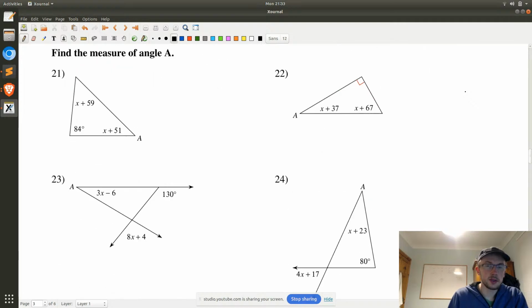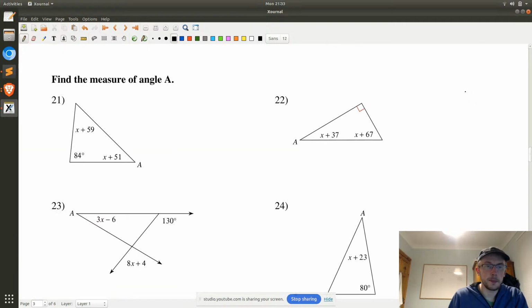And now to find the missing measure of the angle A. 59 add 51 is 110. Add 84 is 194. 194 add 2x equals 180.